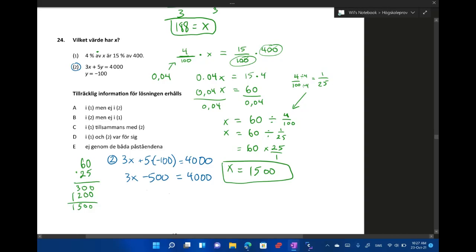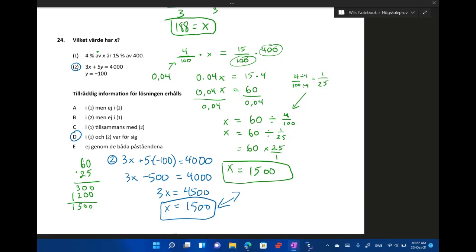If I add 500 to both sides, I get 3x is equal to 4,500. If I divide both sides by 3, you get 1,500. So we actually get the same answer. But you don't need each other. So they're both correct, but you don't need one or the other. So I would say whatever the option is for both are correct, but independent of each other. So I think the answer would be D.